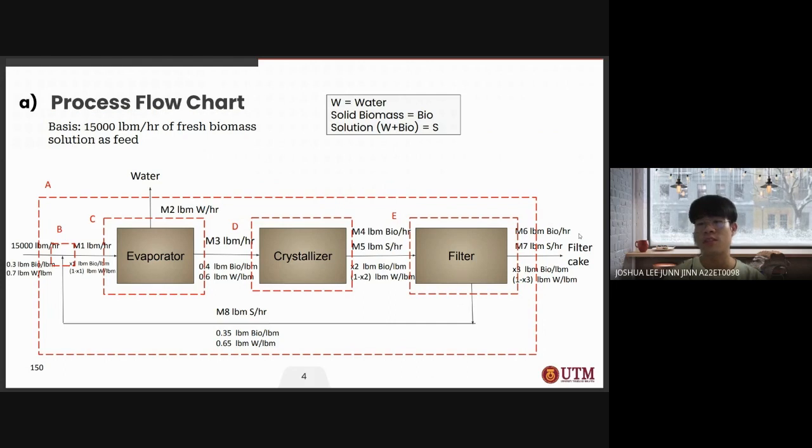The filter cake consists of pure biomass solid and the biomass solution, where M6 is the pure biomass solid and M7 is the mass flow rate for the solution. The filtrate only consists of the biomass solution, and it is then fed back to the evaporator.